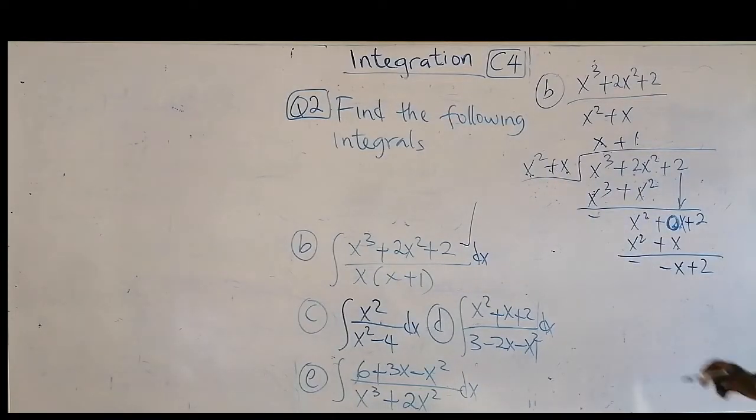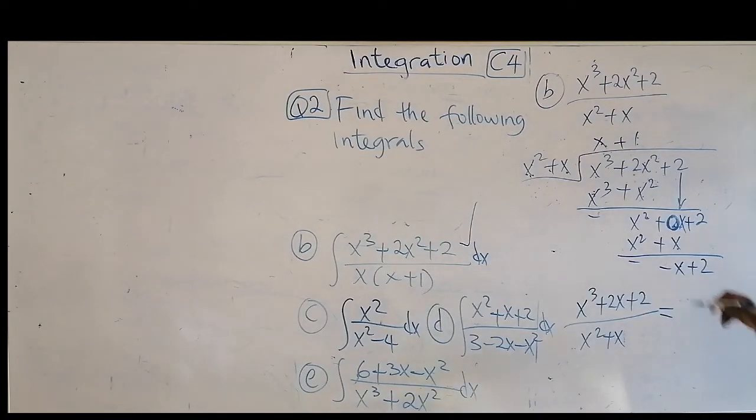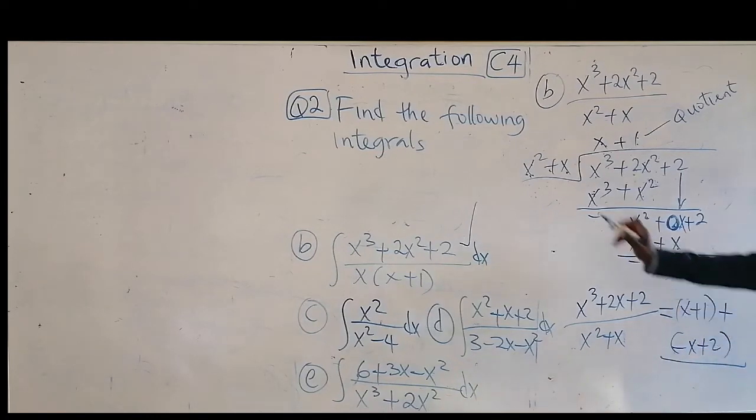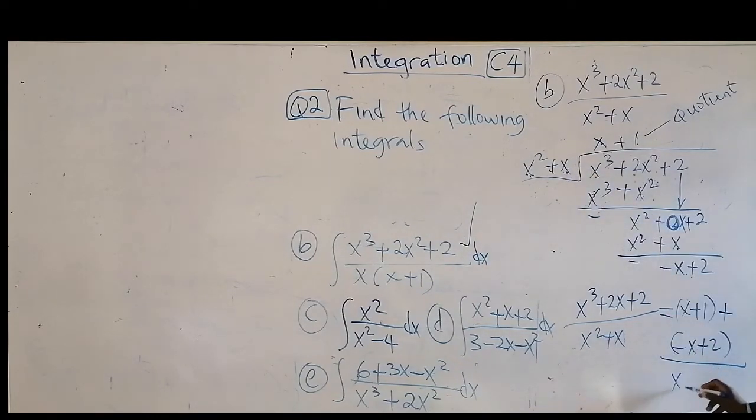So we now have, for your question, this is equal to the quotient, which is x plus 1, then plus minus x plus 2 all over the divisor.